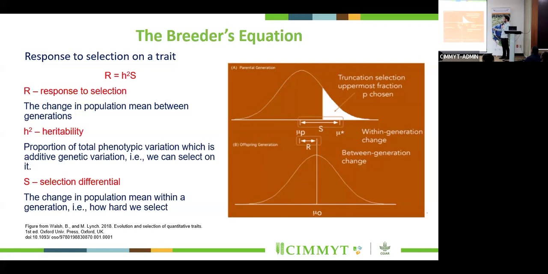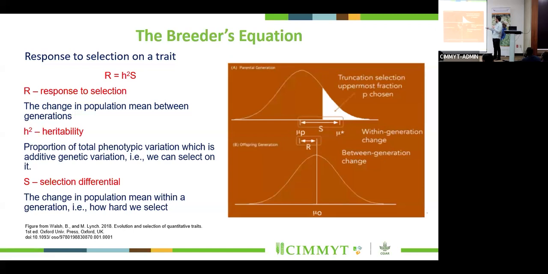That difference is the selection differential. When you grow these lines, some of the variation underlying this curve is going to be from the environment, and some is going to be genetic. And the proportion of phenotypic variation which is additive genetic variation, the variation we can select on, is the heritability.